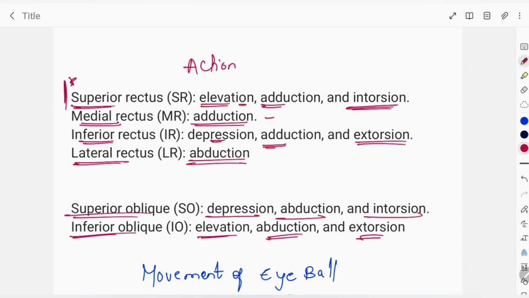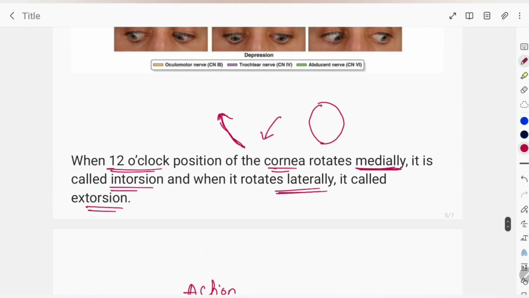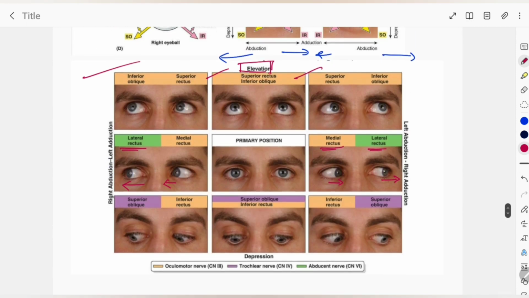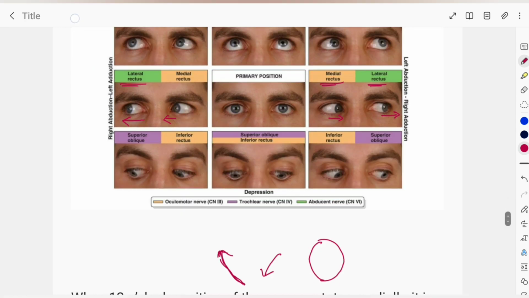Superior rectus is the muscle which helps in elevation. Whenever the concept of elevation is coming, superior rectus will be there. So upward rotation or elevation, superior rectus is a muscle.